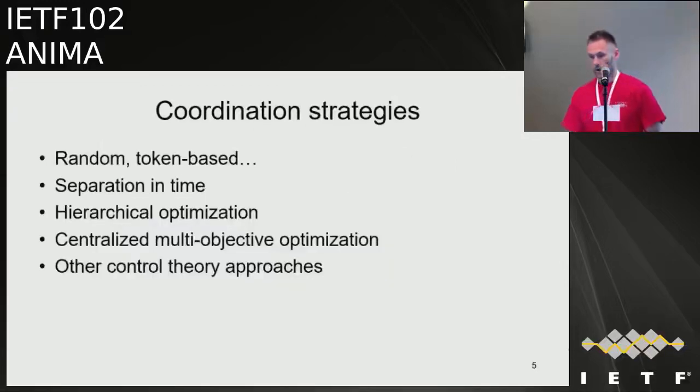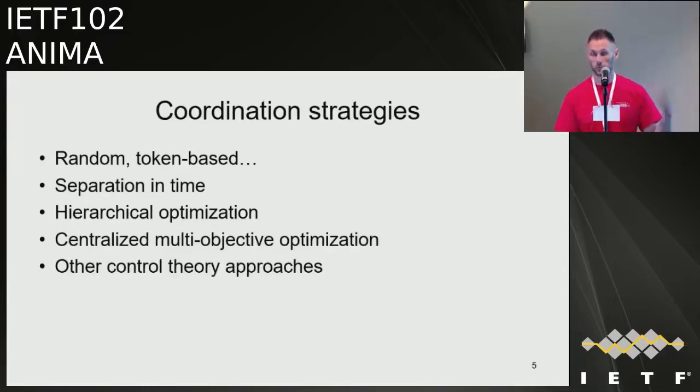Next slide. This is probably out of scope of what ANIMA could eventually specify, but it's just to highlight that there are workable solutions, potential algorithms and mechanisms, that exist to address different coordination or interaction aspects of autonomic functions.